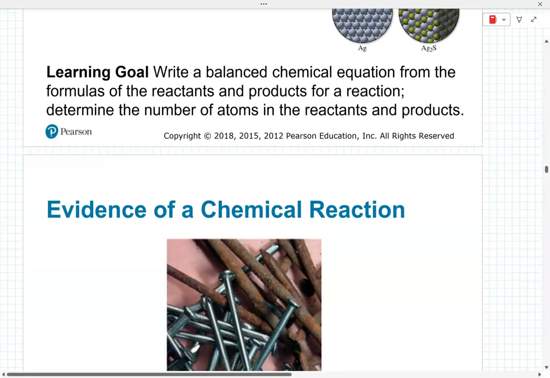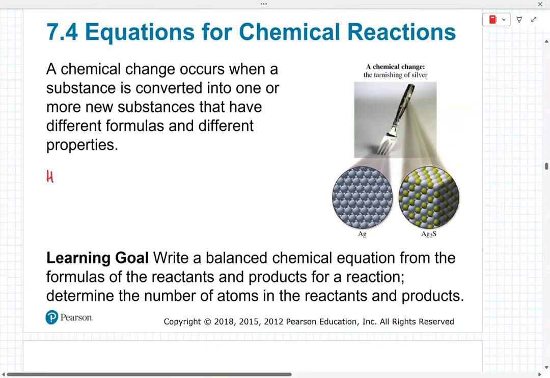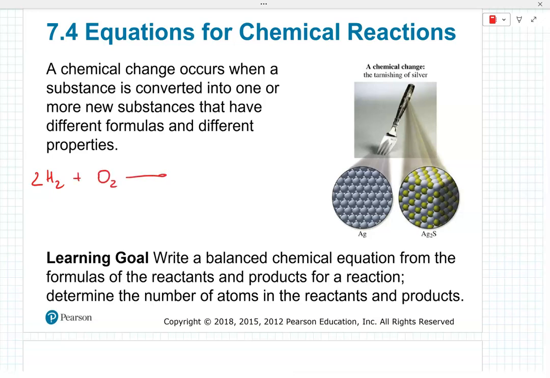Basically, what I'm telling you is, when you have 2 hydrogens and 1 oxygen, and they burn. Like, if you mix them in proper ratios, it will explode. You're going to get water molecules. So you see, hydrogens and oxygens are rearranged. This is a chemical process.